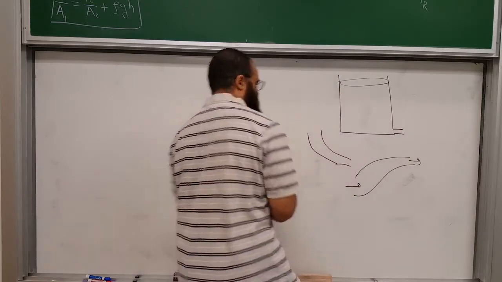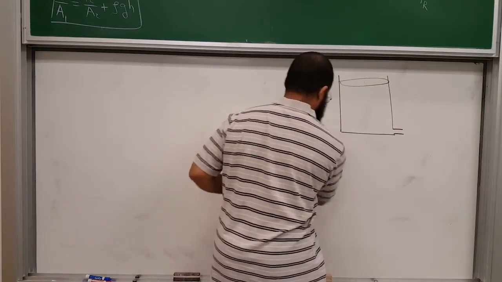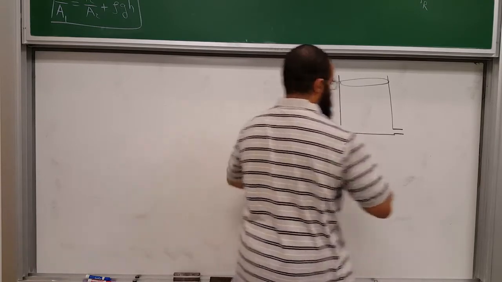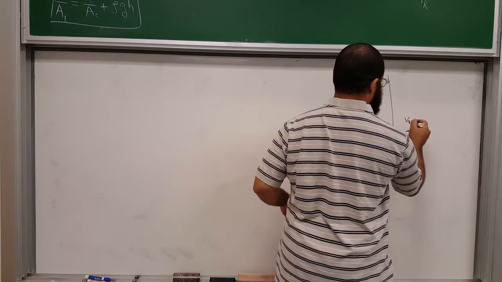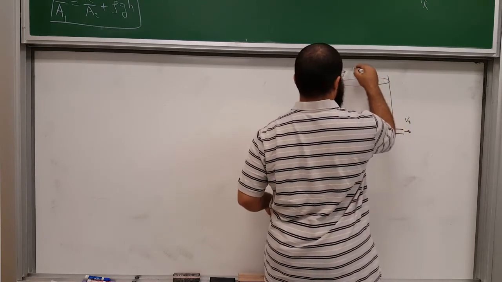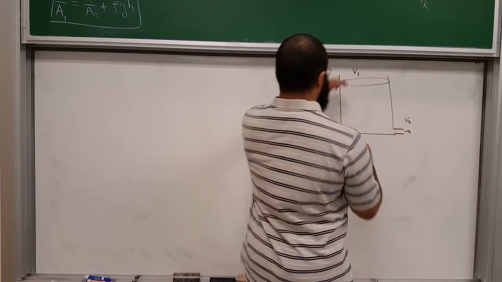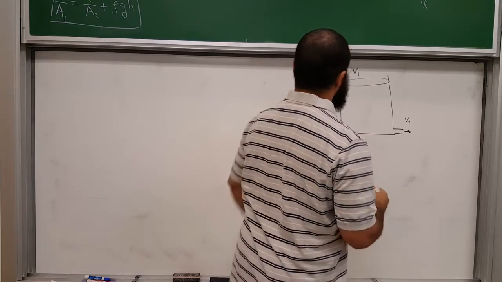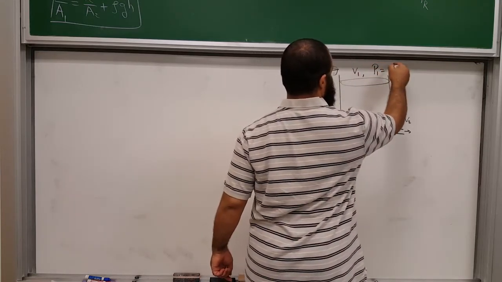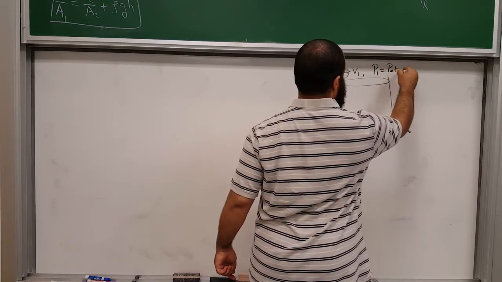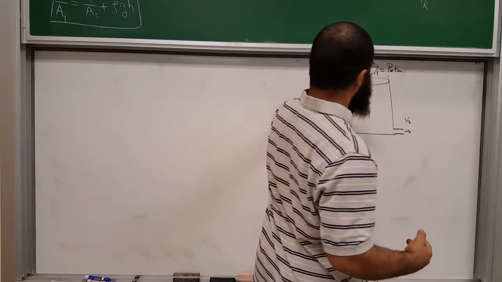So you will have the following. The fluid will come out here at speed V2, and the fluid here might have speed V1. The fluid here might be dropping at a speed V1. The pressure here, P1, is open to the atmosphere, so it is the atmospheric pressure.